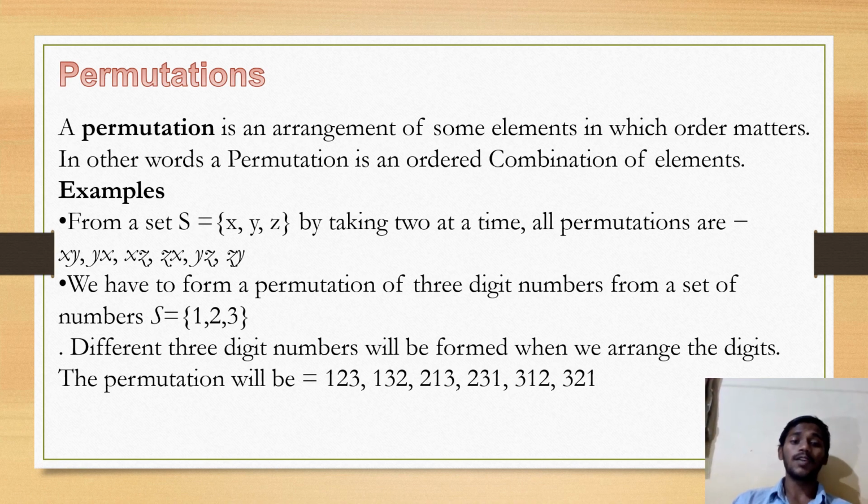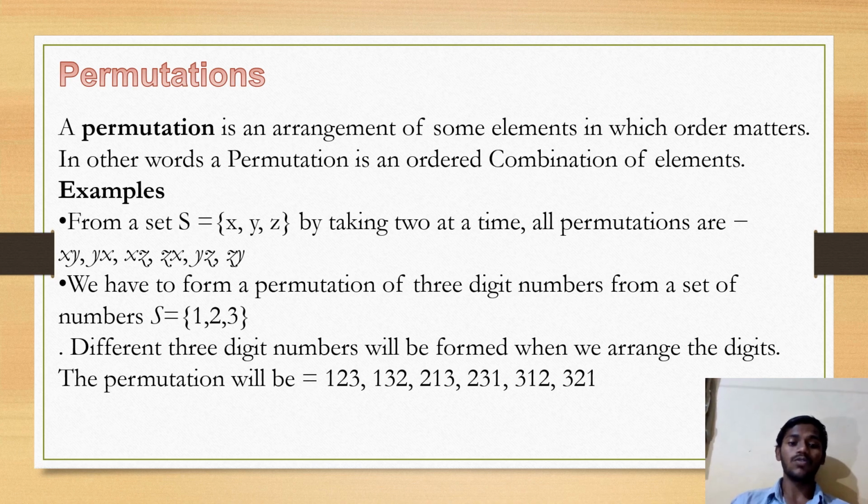Permutations. A permutation is an arrangement of some elements in which order matters. In other words, a permutation is an ordered combination of elements. Example: from a set S equal to X, Y, Z, by taking two of the items, all permutations are XY, YZ, XZ, ZX, YX, and ZY.